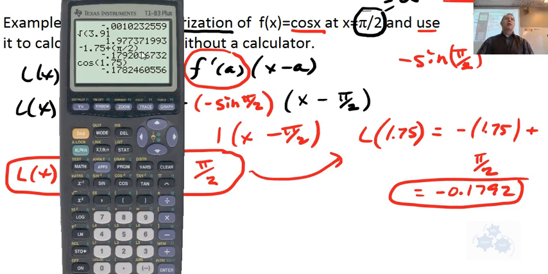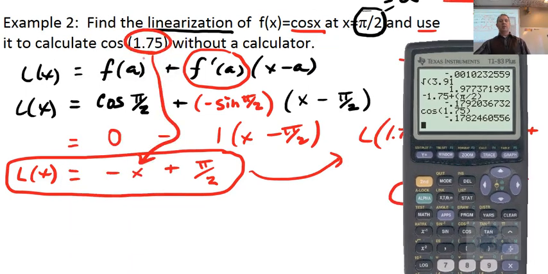Is it close enough? Now, the further away you go from your a value, the more disparity you're going to have, right? This is the best approximation that we have. So if you can find a point, the a value, that's closer to the one you're looking for, that you can use for your linearization, then your approximation will be better.